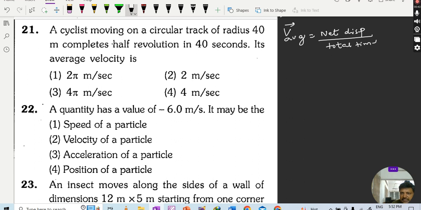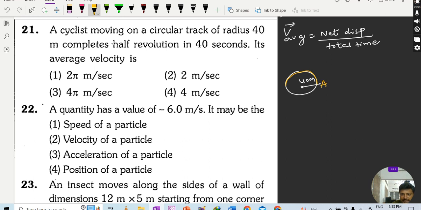Here, a cyclist moving on a circular track of radius 40 meter completes half revolution.